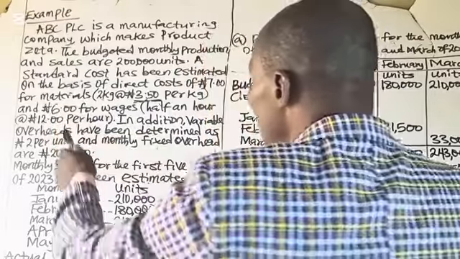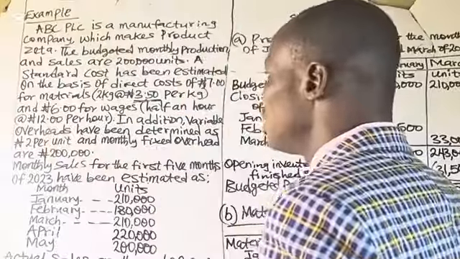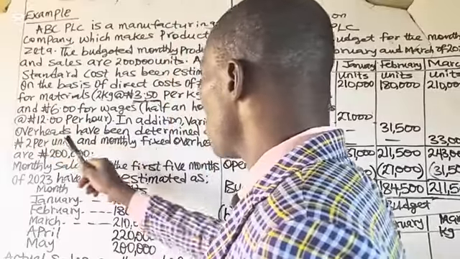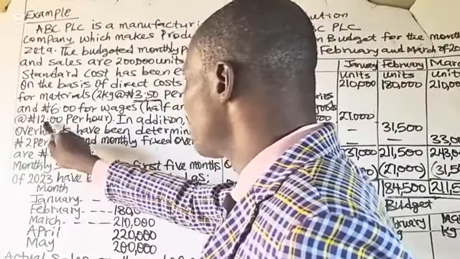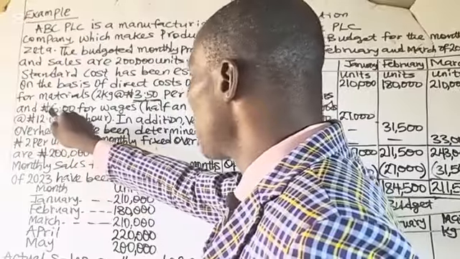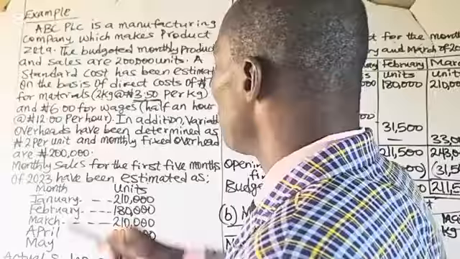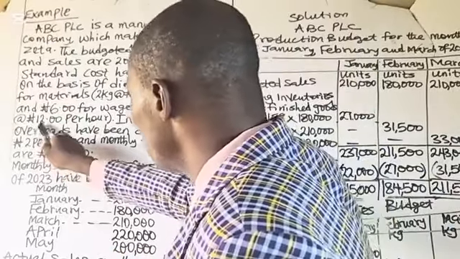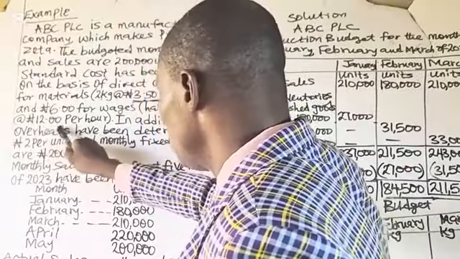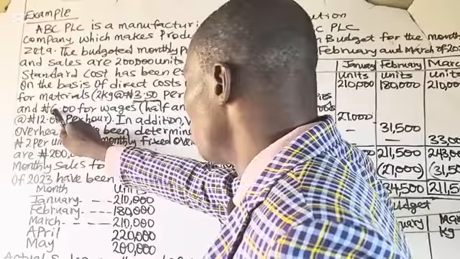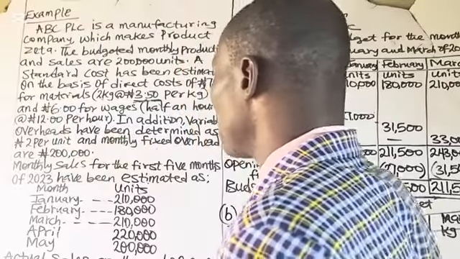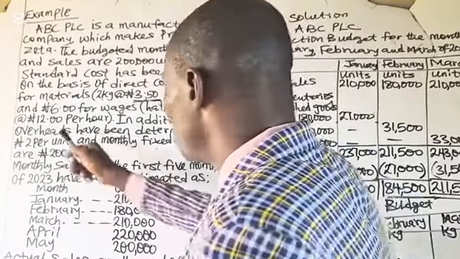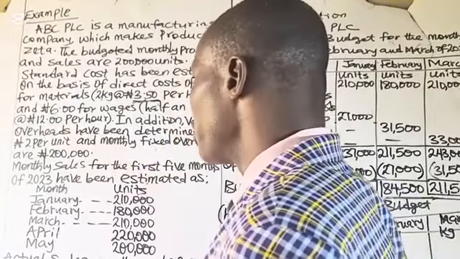So that means this 6 naira represents the wage rate per unit, while this one represents the wage rate per hour. So if you multiply this 6 naira by the budgeted production, you will get the total direct wages paid for the period.